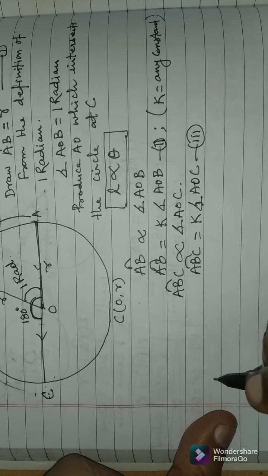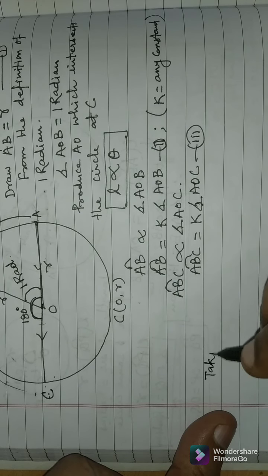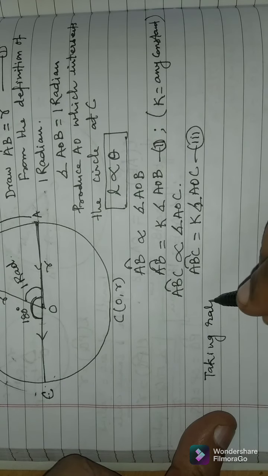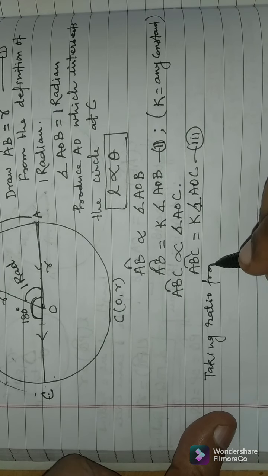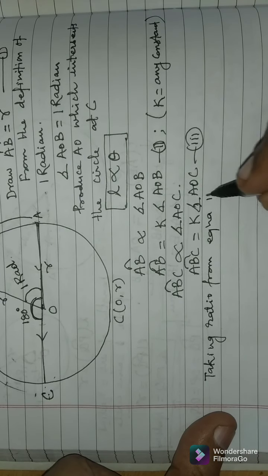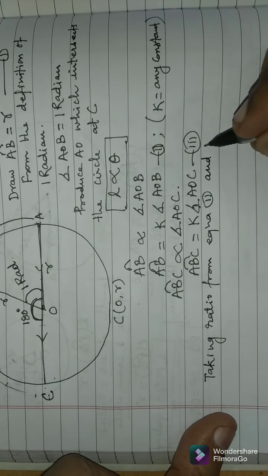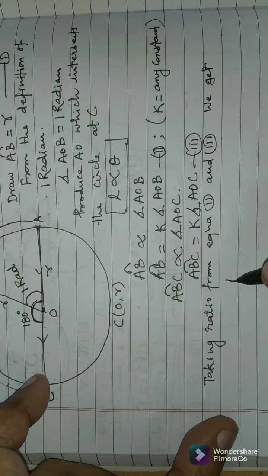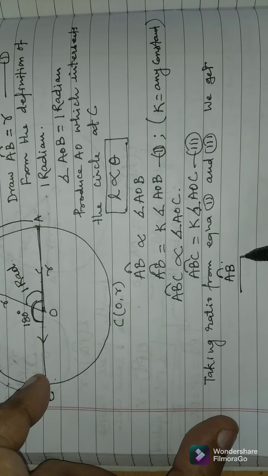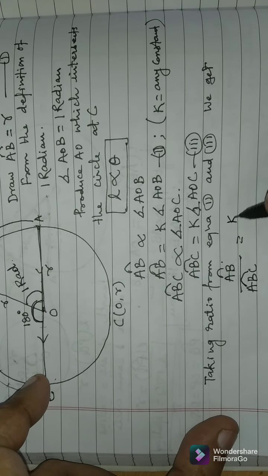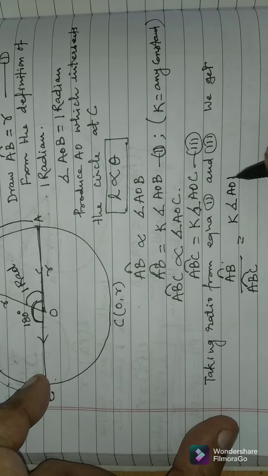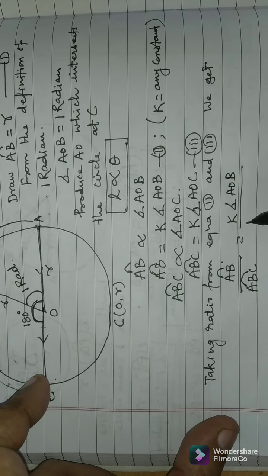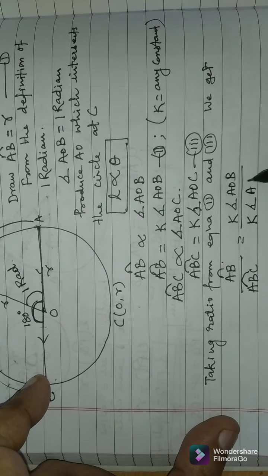Now we are taking the ratio, from equation 2 and 3, we get, arc length AB upon arc length ABC is equal to K times angle AOB divided by K times angle AOC.